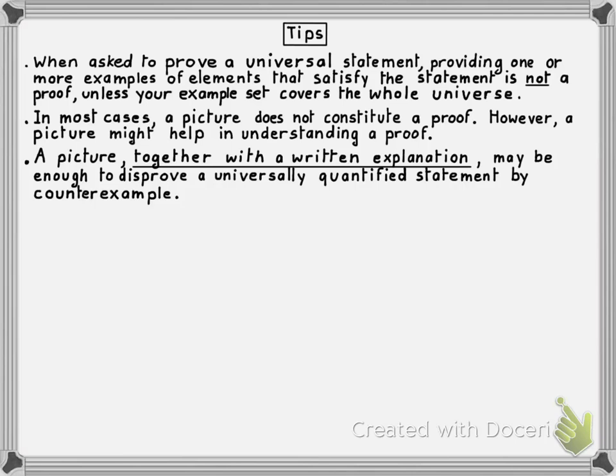Well, to prove such a theorem, all you need is a counterexample, and you just need one of them. If you can draw this counterexample and explain it with a well-written sentence in English, then that could in itself constitute a proof. But that's a very limited case. It's only for the case of a single counterexample being enough to constitute a proof.